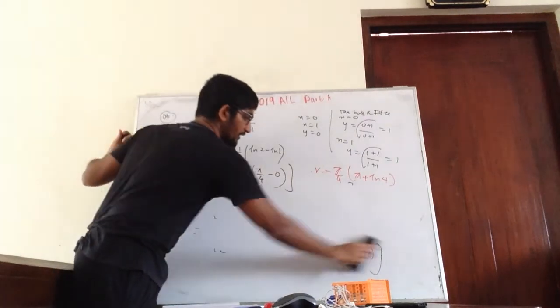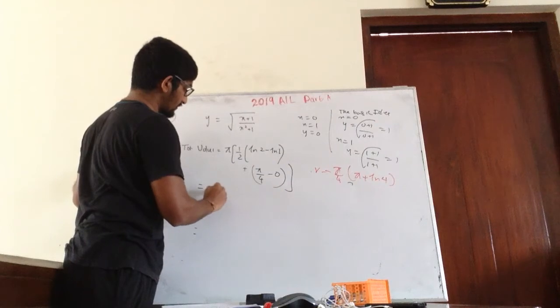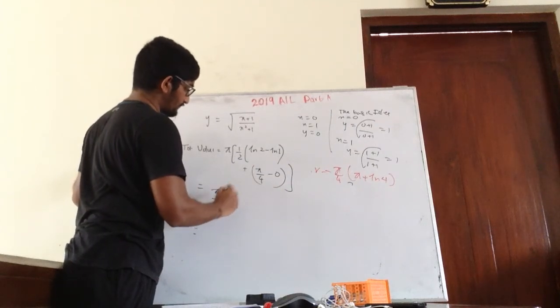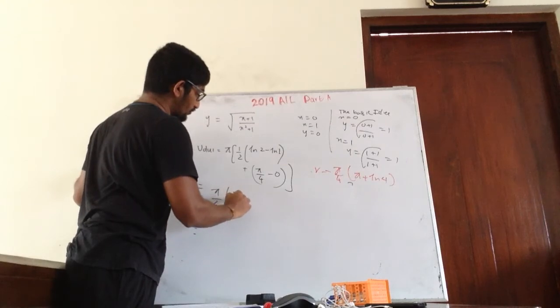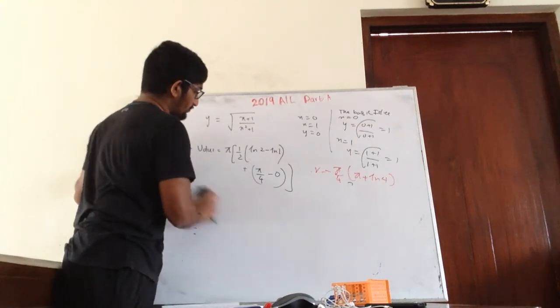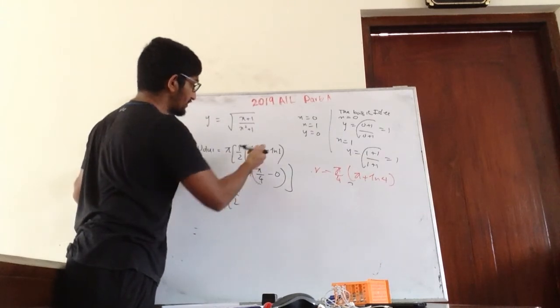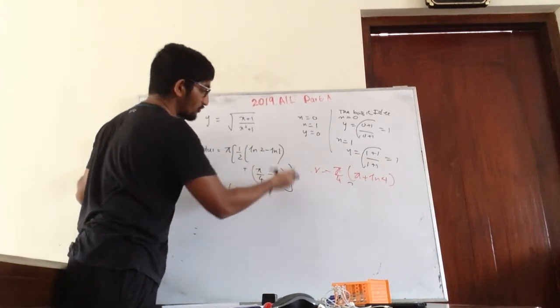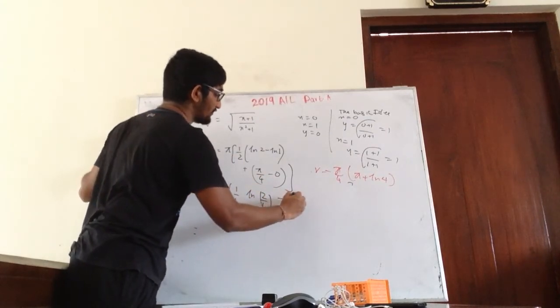So what I'm going to do here is take 4 out, 5 over 4. So here I will get 5 half of ln 2 minus ln 1, so ln of 2 over 1, plus 5 over 4.